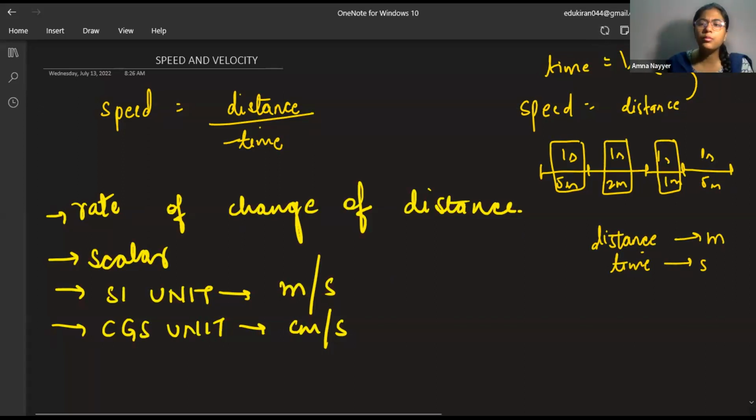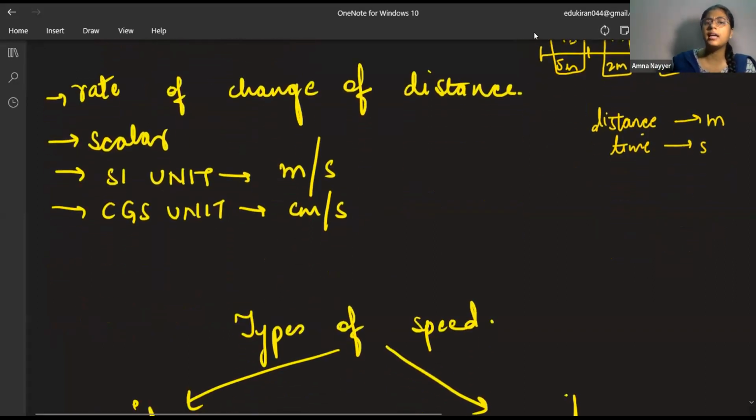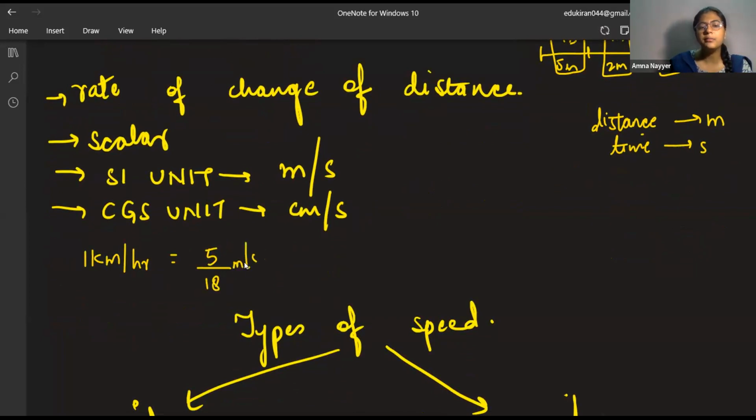Class, remember one test you gave? I think Martin has given the test. Martin, Harsha, and one more student, Ruhina. Right, Siddika, you have given. 3 students have given the test. So you had seen a question where 1 kilometer per hour had to be converted into meter per second. If you remember, all of you were able to answer this correctly. You all got 5 by 18 meter per second.